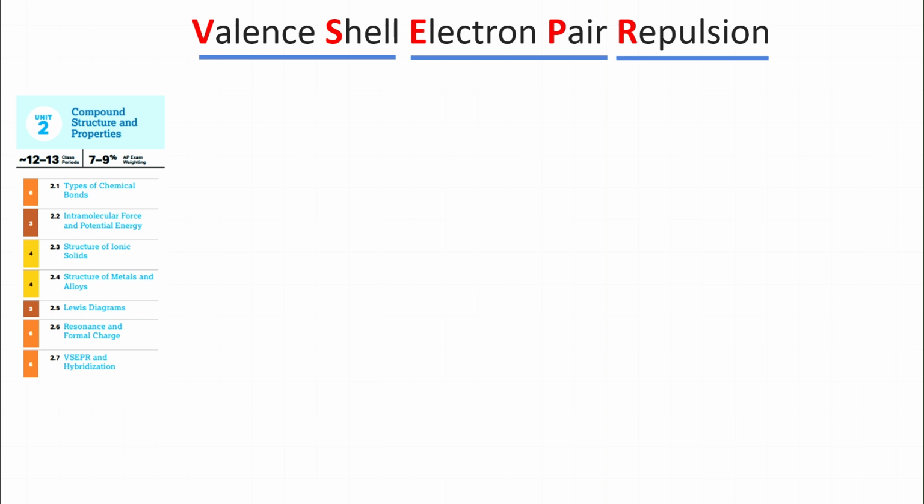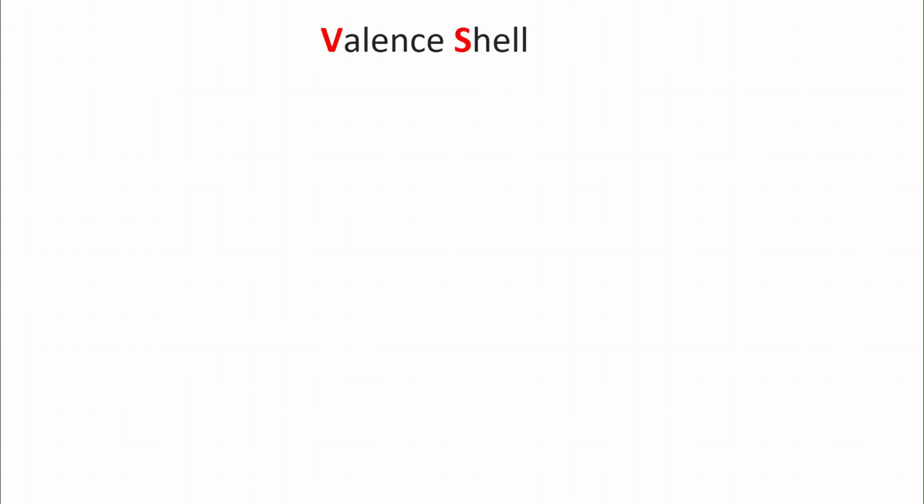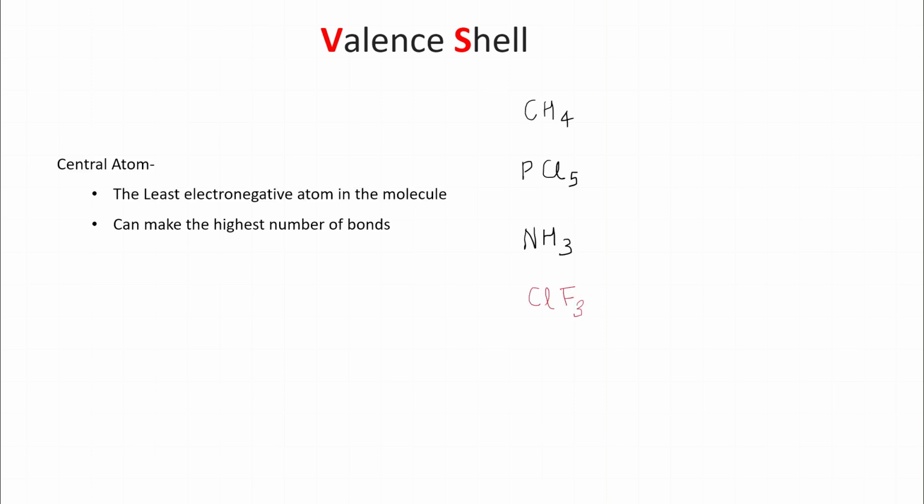So, valence shell. What do we mean here by valence shell? Keeping some real example molecules here, even if the geometry is not clear to us straight away, we know that the carbon must be in the middle, and with phosphorus and nitrogen, coincidentally, it is whatever is written first.